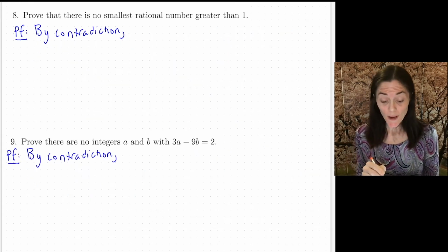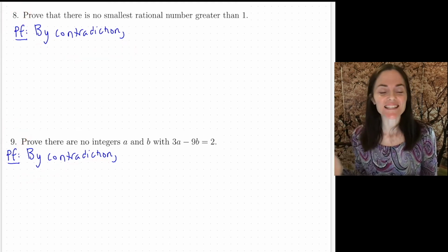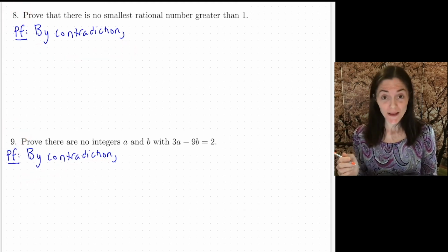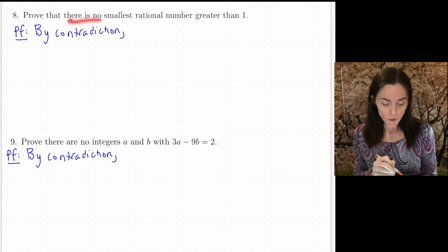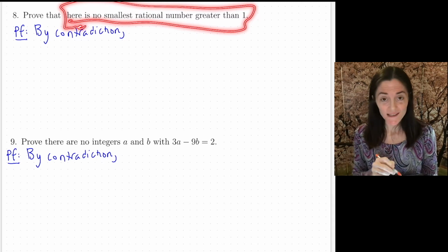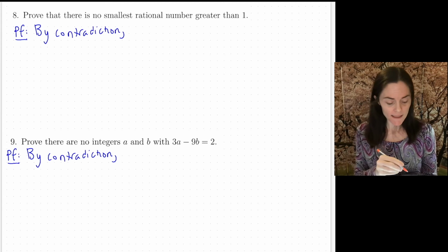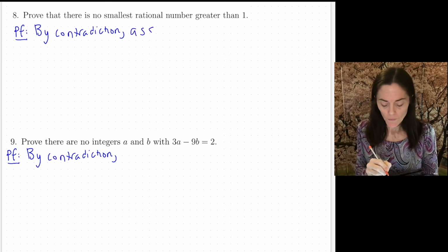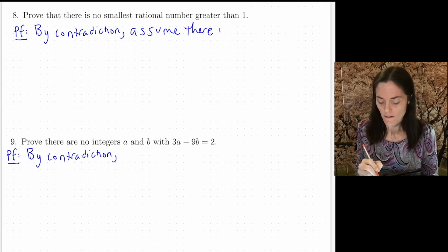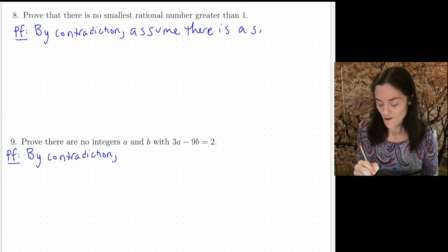Now for number 8 and number 9, you see these are both contradiction. And when we have a proof by contradiction, we assume the statement that you're trying to prove is false. Argue until you reach a contradiction. In this case, we assume there is a smallest rational number greater than 1.